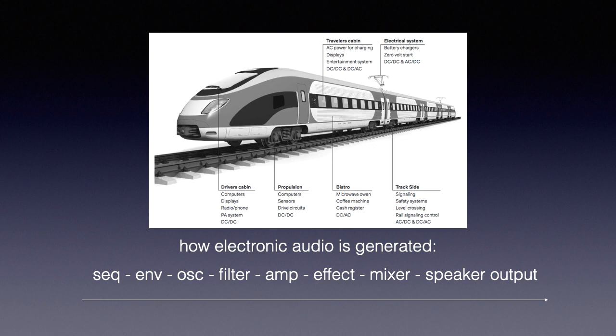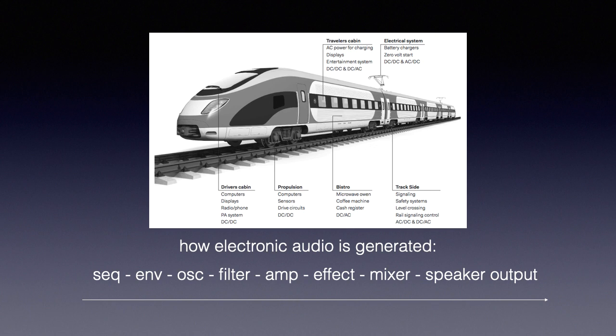How electronic audio is generated the control voltage way is like a train from start to end. It could start with a sequencer, as well as the envelope, where the gate and the pitch are connected through the oscillator, which is kind of like a pulse.